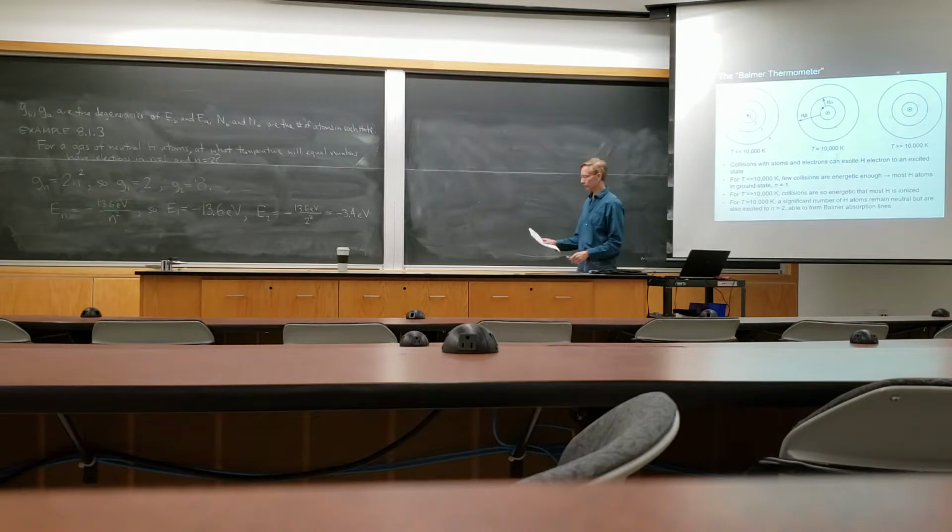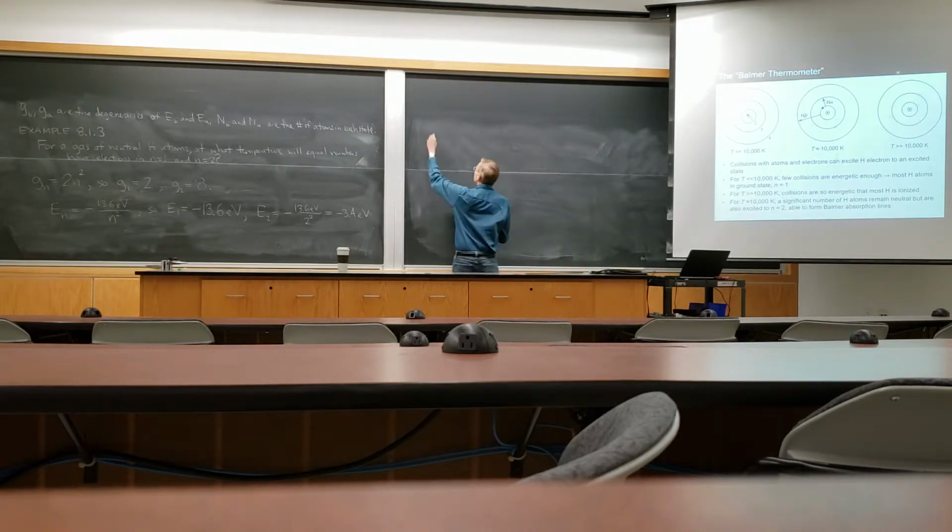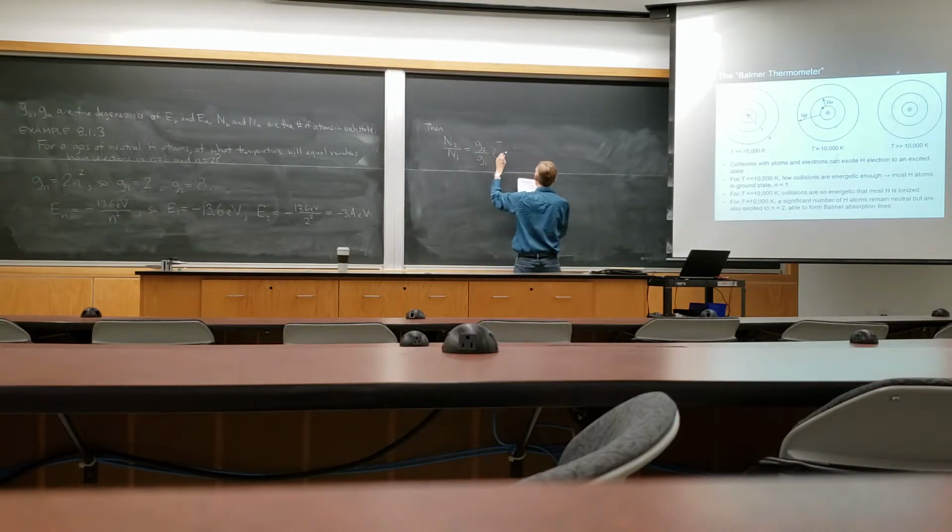So now we plug into our equation. The Boltzmann equation says N2 divided by N1 is G2 divided by G1 times e to the minus E2 minus E1 over kT.